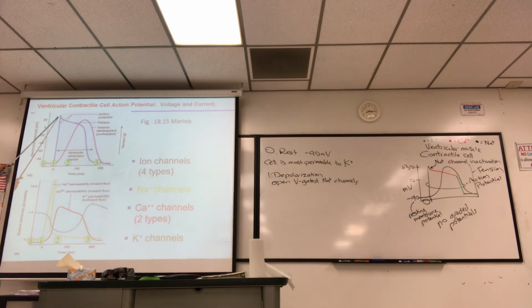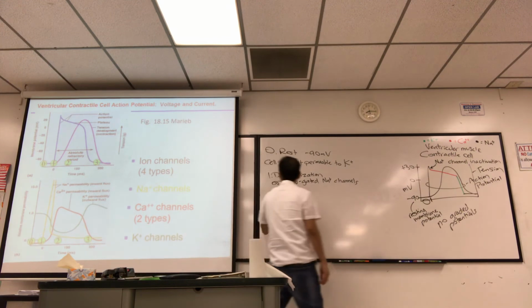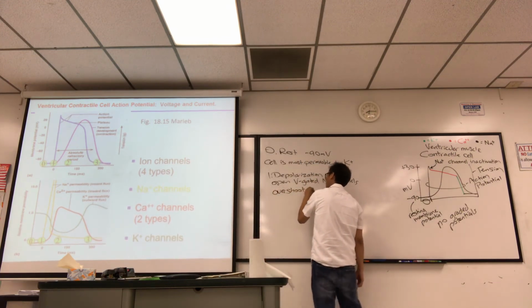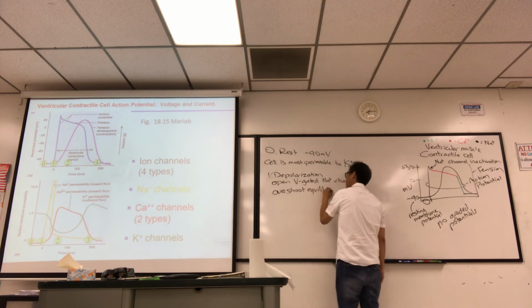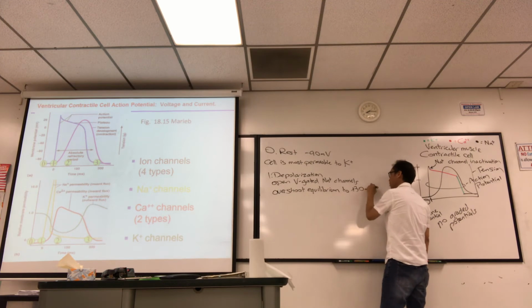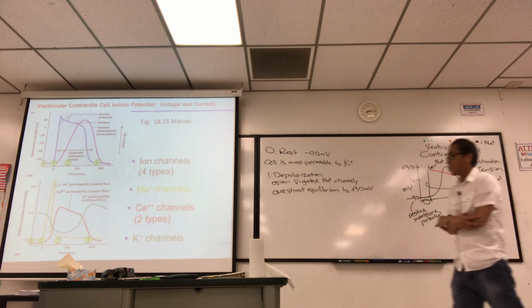It's called the overshoot. You depolarize to plus 20, plus 30 about, so you overshoot equilibrium. Plus 30 millivolts about. So that's basically depolarization.